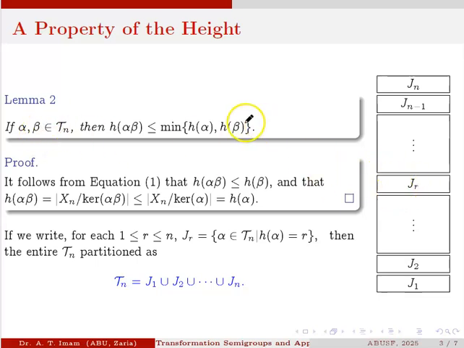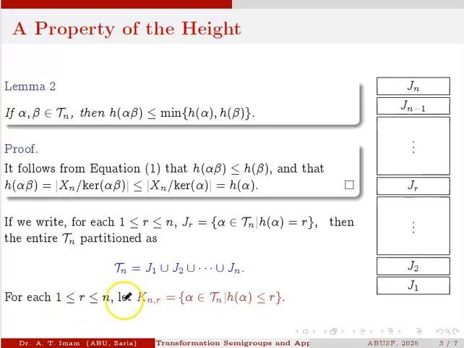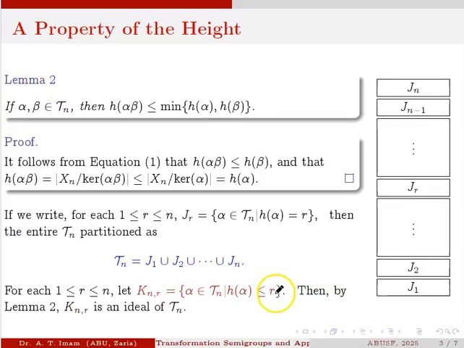By this particular lemma, one will see that if we write K(n,r) to be the set of all alpha in Tn of height less than or equal to r, then by lemma 2, K(n,r) is an ideal in the sense that the product of any two elements remains in it. First of all, by the lemma it is a sub-semigroup, because whenever you multiply any two elements in K(n,r), the result will still remain in K(n,r).